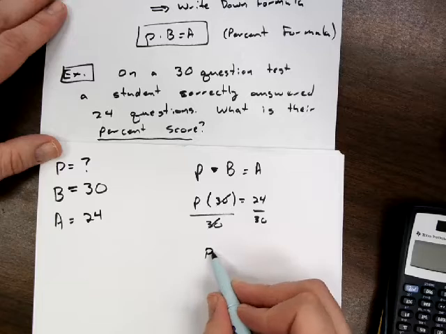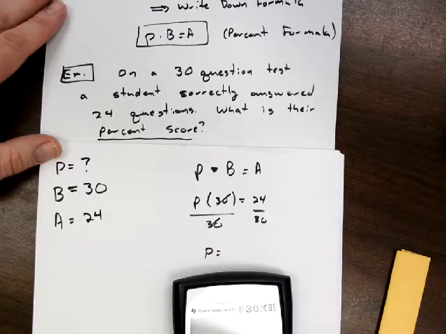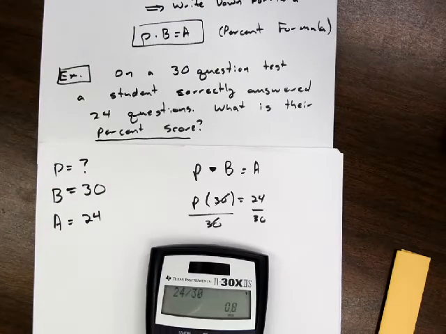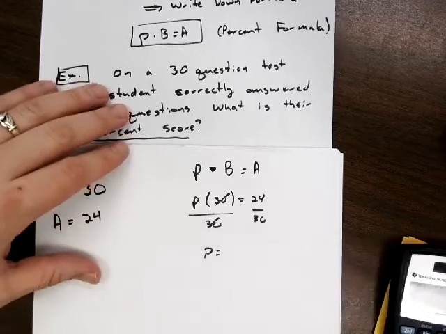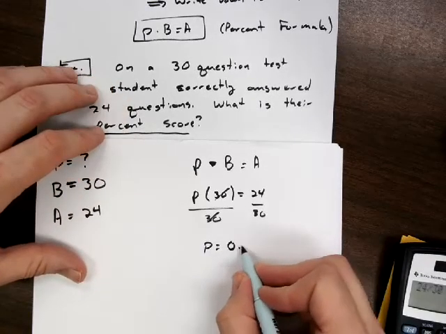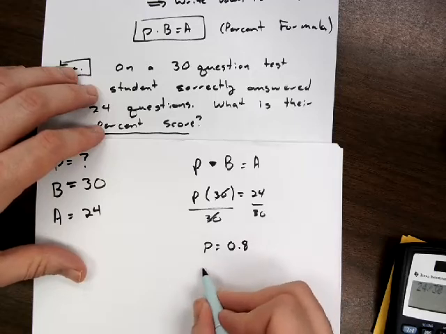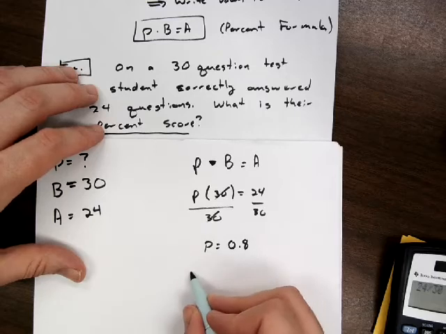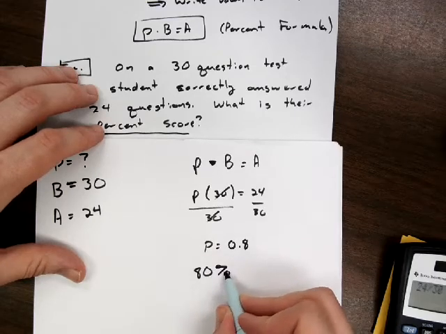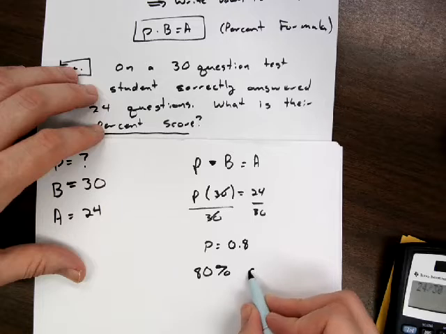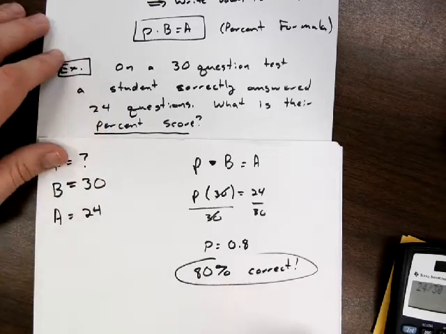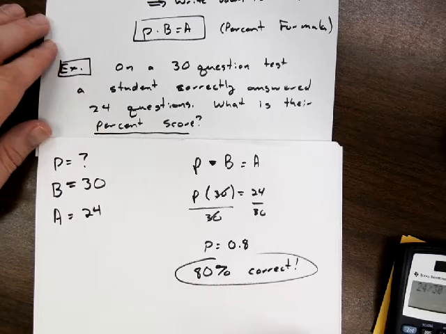I end up with p equal to 24 over 30, and 24 divided by 30 is 0.8. That's the percentage as a decimal, so when we convert it back to a percentage, I move the decimal place out 2 spaces. That's 80% correct. Just like that.